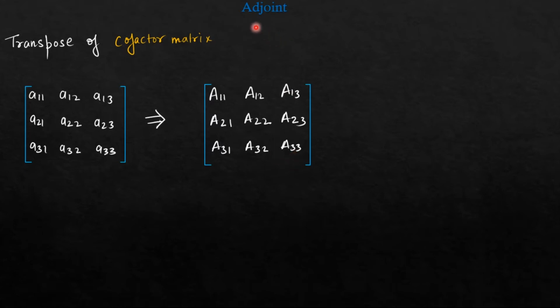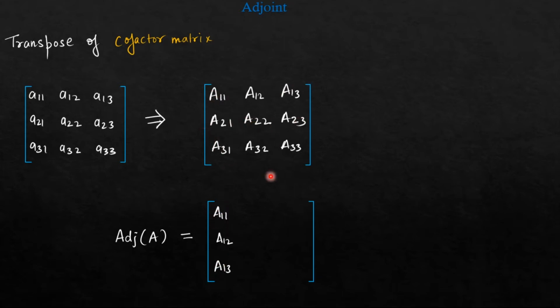Now, how to find the adjoint? Adjoint is nothing but transpose of a cofactor matrix. So for finding adjoint, we need to construct a transpose. So adjoint of A matrix is given by transpose of this cofactor matrix. So it will be A11, A12, A13. Row will convert into column.